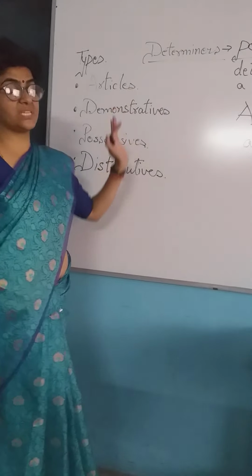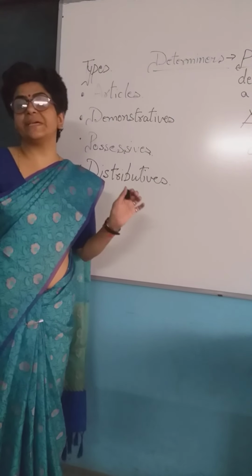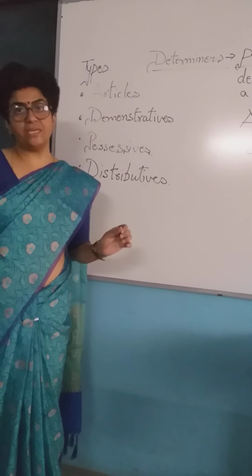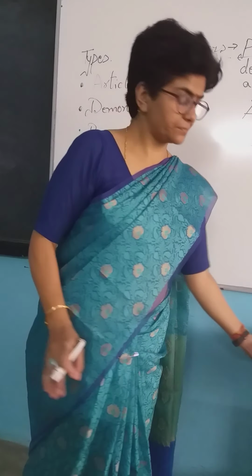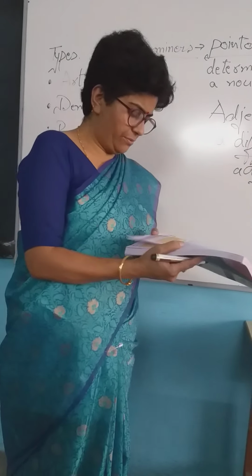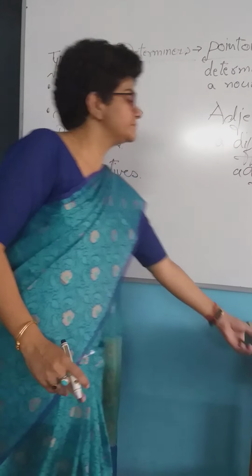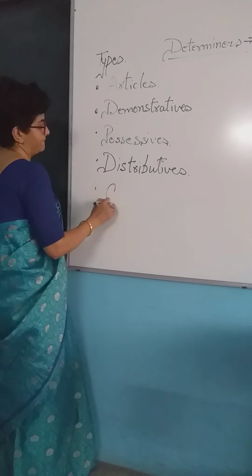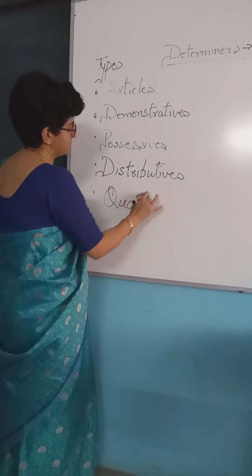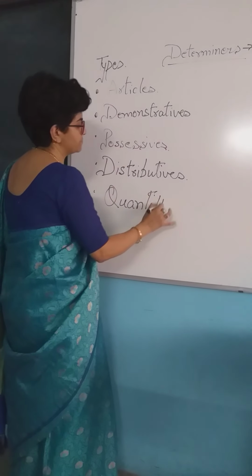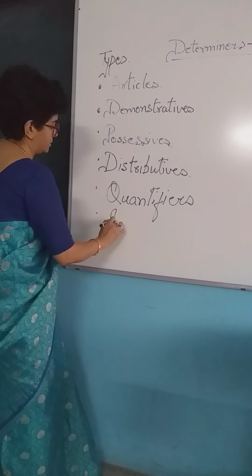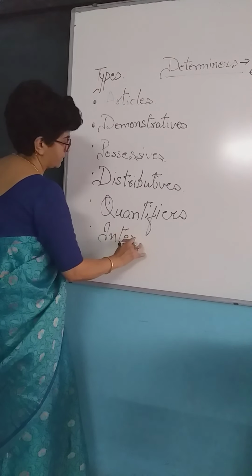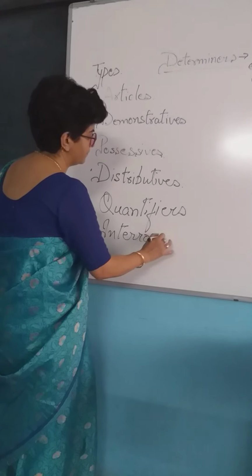Although there is no such major difference between determiners and adjectives, yes, the question decides what you are going to answer. And now we'll come to quantifiers. These are types of determiners, as I say.